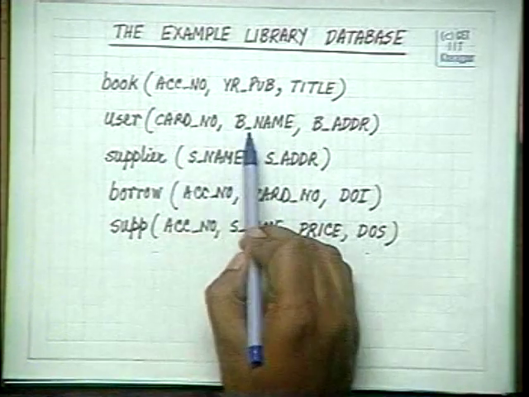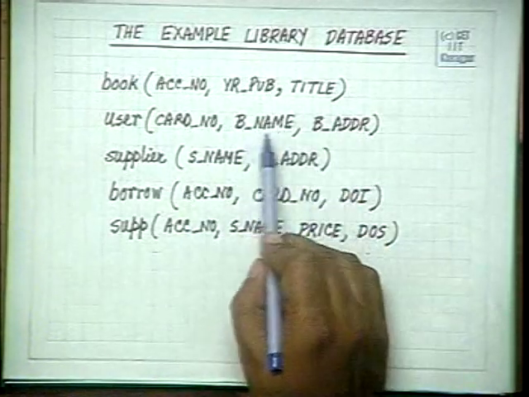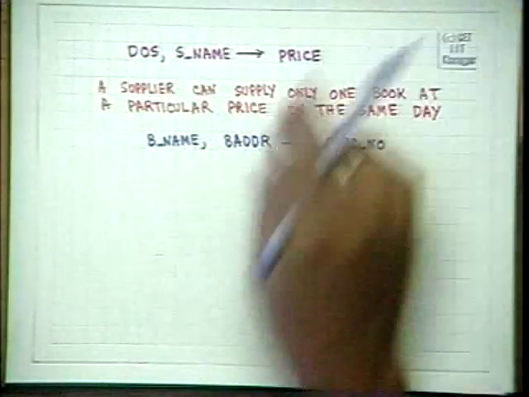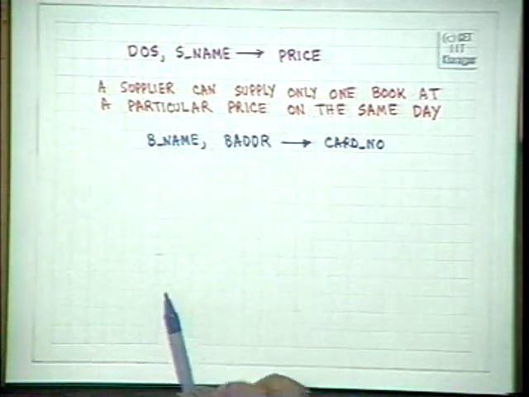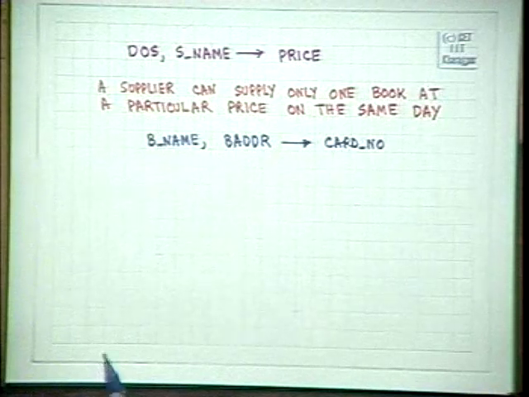Card number gives borrower's name, card number gives borrower's address, from primary key. I have now written down borrower's name and borrower's address. On this side, borrower's name and borrower's address gives card number. So, two tuples which have the same borrower's name and address have the same card number.